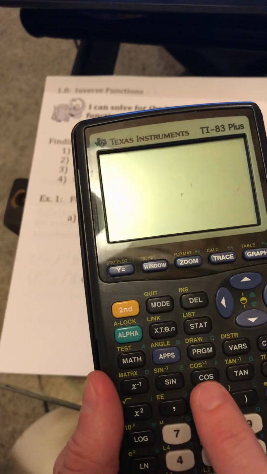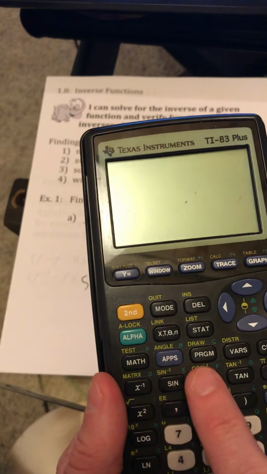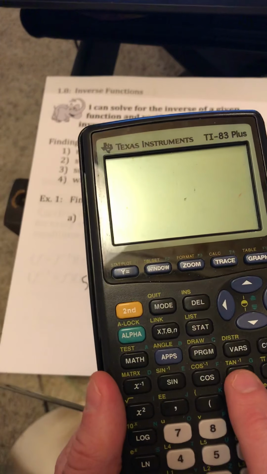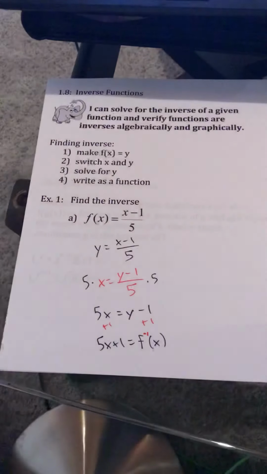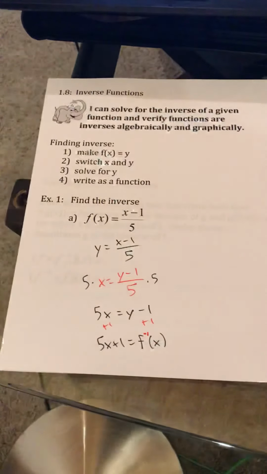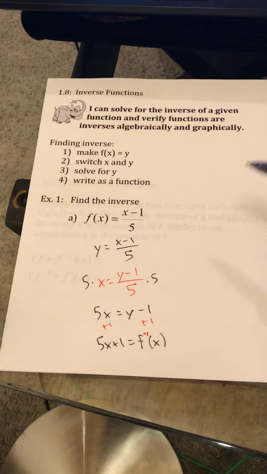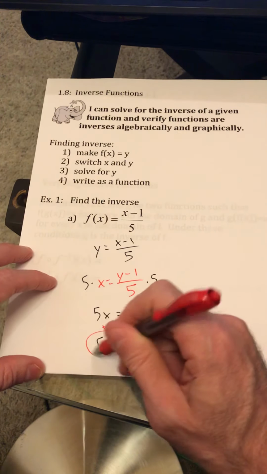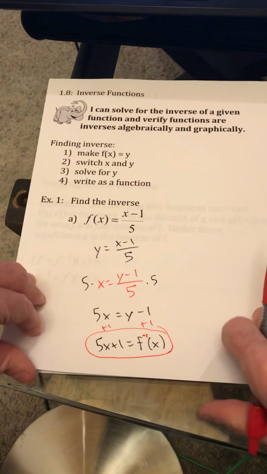When you worked with sine, cosine, and tangent, you also worked with sine inverse, cosine inverse, and tangent inverse when you were finding angle measures, and we will talk more about that second semester when we use trigonometry for much of the next semester. So anyway, that is finding the inverse of a function.